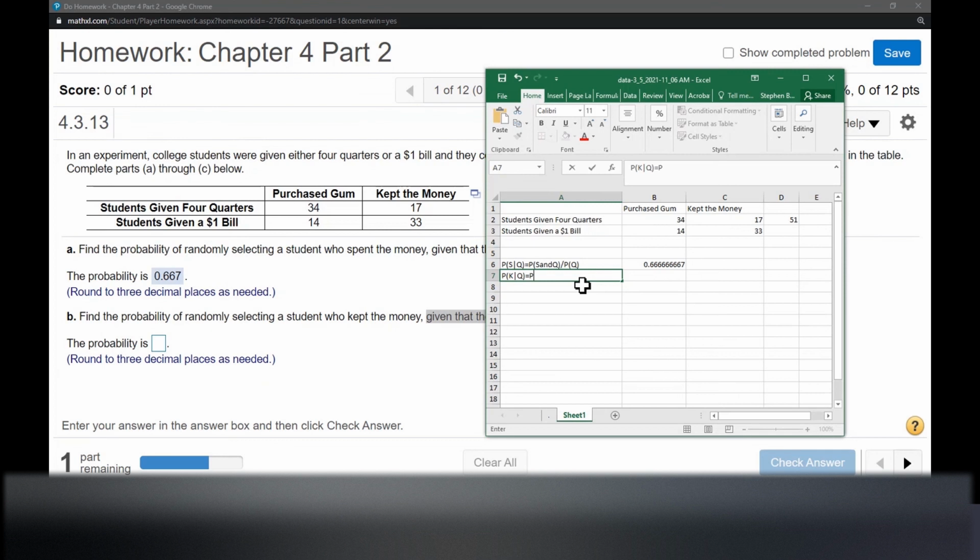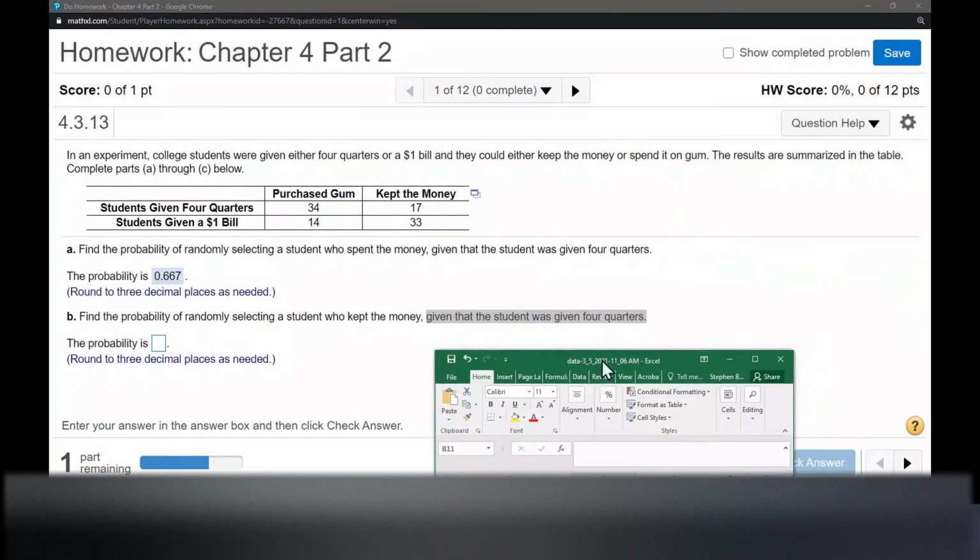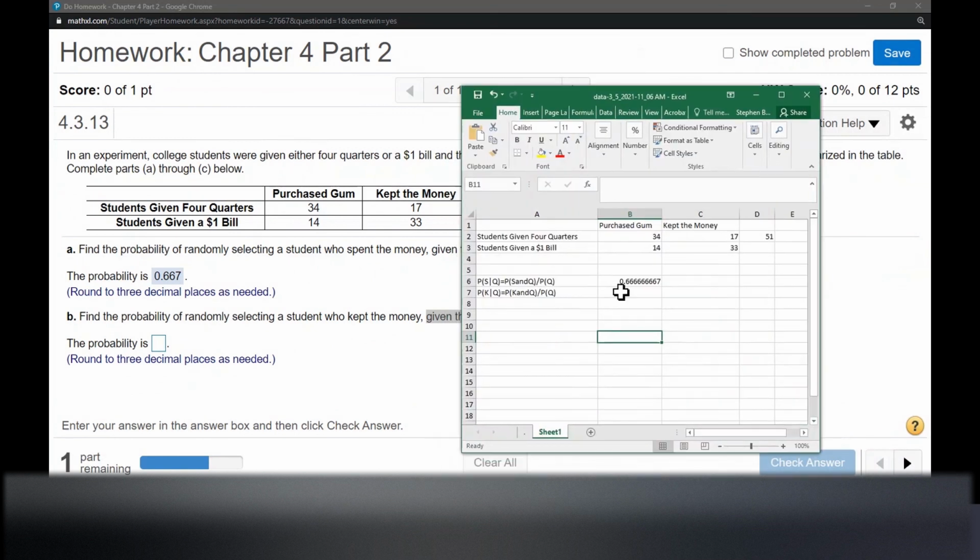So again, we would just use the same formula. So kept and quarters divided by quarters. The only thing that's different here would be kept and quarters.